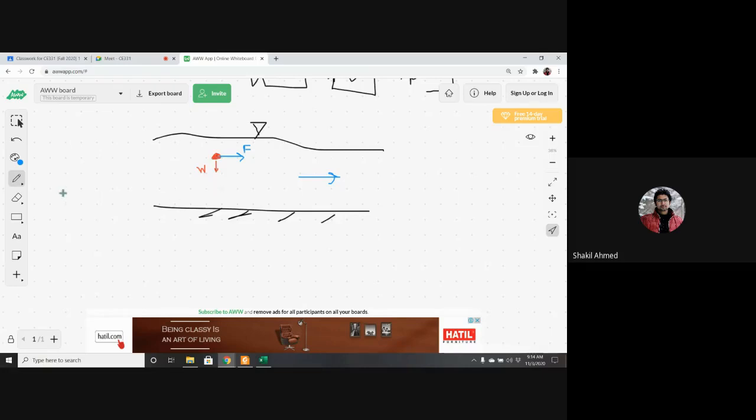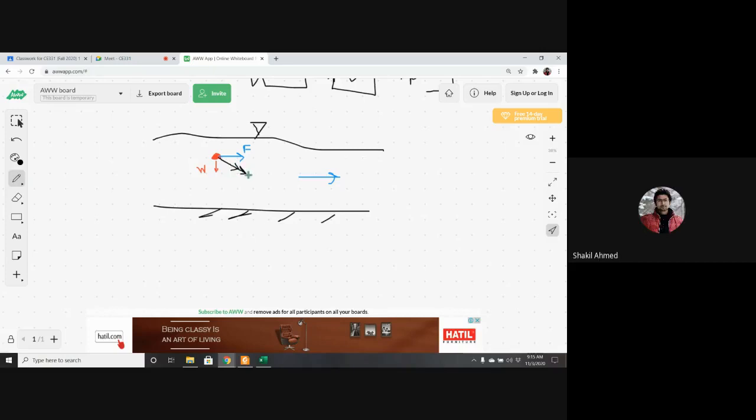So two forces are working on this object. This will have a resultant force, and from your intermediate knowledge you know that the resultant will be in between like this. Am I right? Yes, sir.